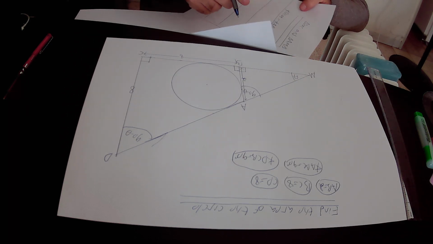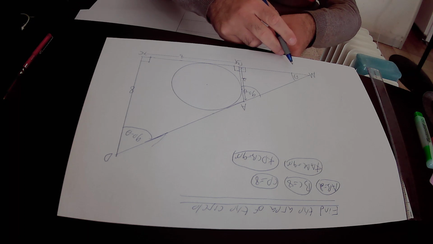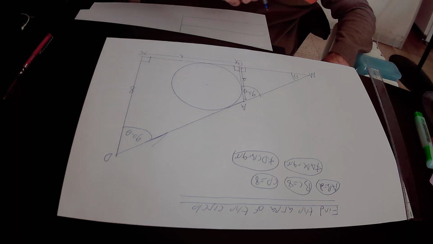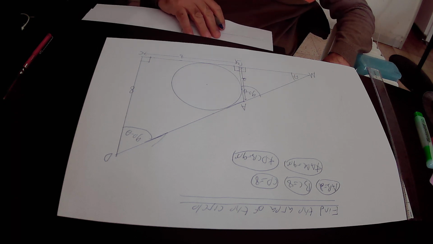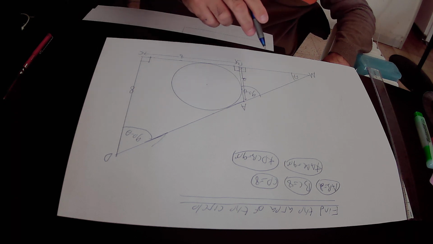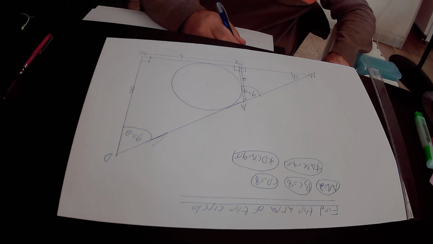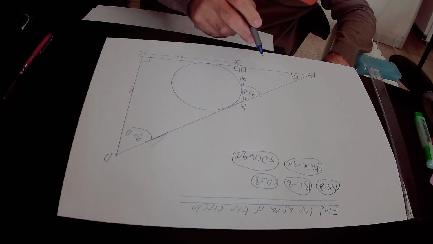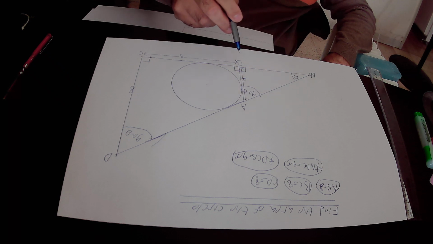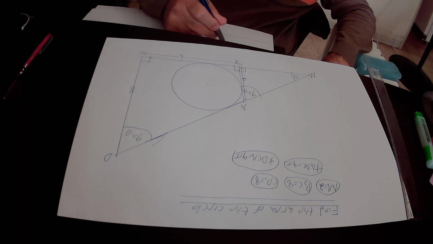In addition, this angle theta is a common angle that belongs to both triangles. Therefore, angle theta equals itself. Angle theta can be called angle DMC, as it belongs to the big triangle, and it can also be called angle AMB, as it belongs to the small triangle.